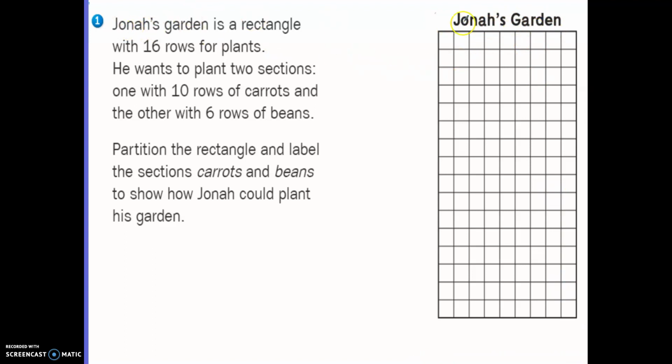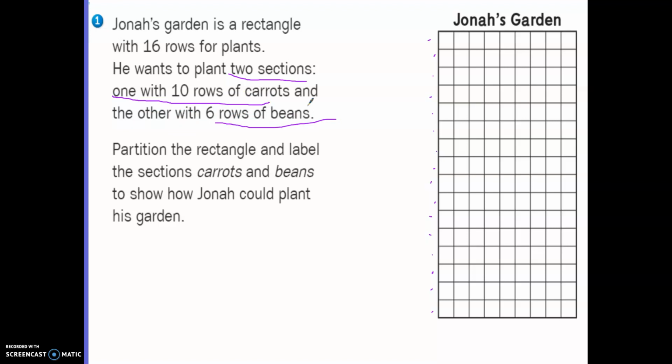So Jonah's garden is a rectangle with 16 rows for plants. Let's count those rows. You've got 1, 2, 3, 4, 5, 6, 7, 8, 9, 10, 11, 12, 13, 14, 15, 16. 16 rows. Now he wants to plant two sections in his garden. He wants one that has 10 rows of carrots and the other with 6 rows of beans.